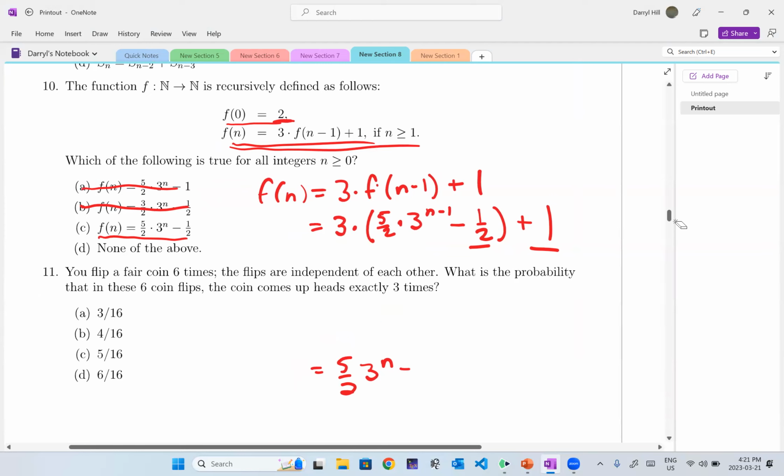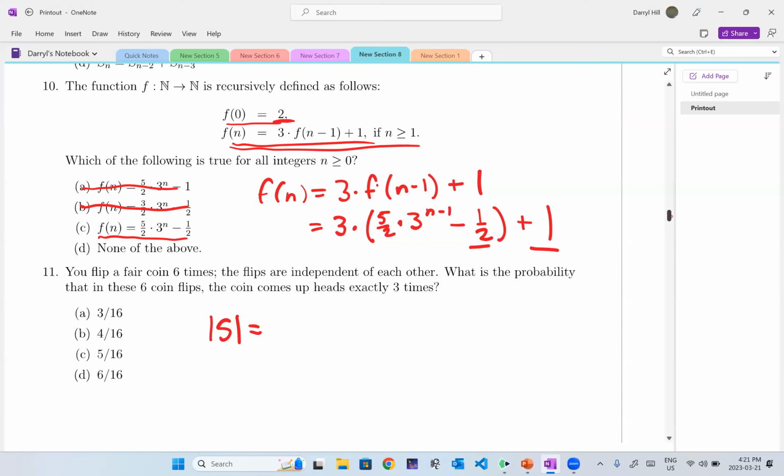We flip a fair coin 6 times. The flips are independent. What is the probability that in these 6 coin flips, the coin comes up heads exactly 3 times? There are a bunch of different ways we can solve this. Let's start with the sample space. I flip the coin 6 times, each could come up heads or tails, and this is a uniform probability space.